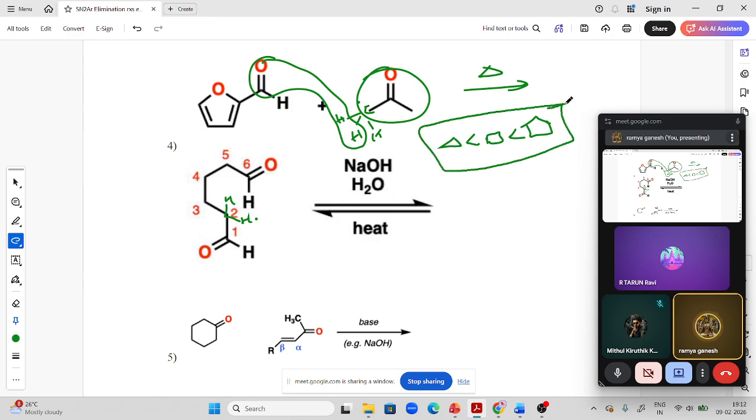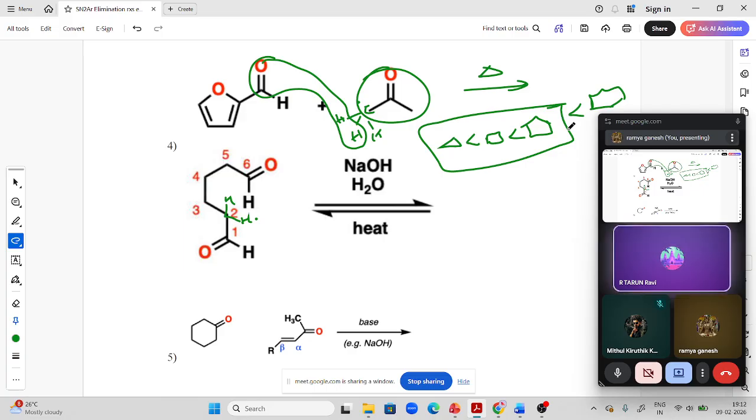So he mentioned till this it's stable. But today we know even larger rings are also stable. So just remove it along with this and create an alkene. Okay? Got it, ma'am. Yes.